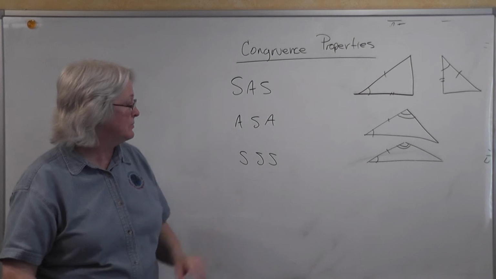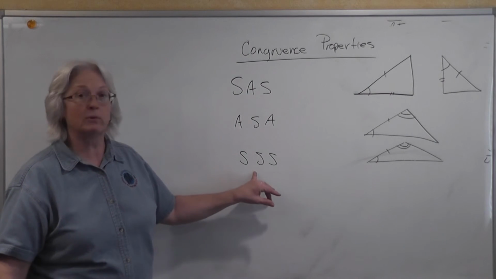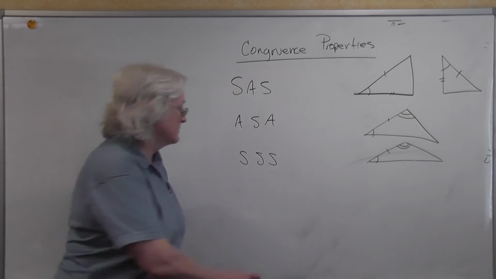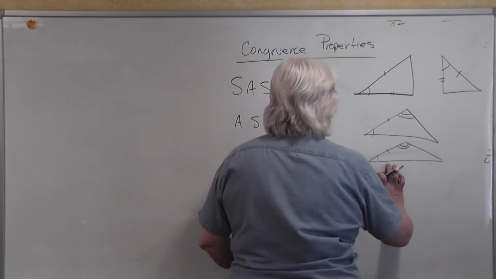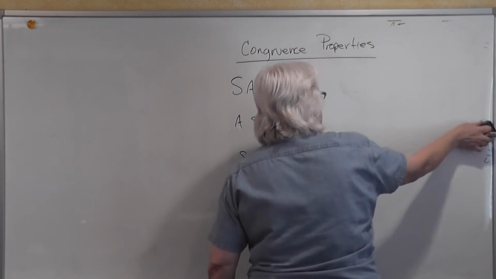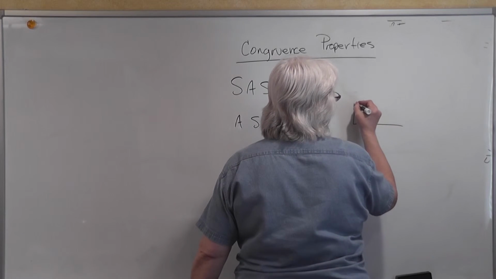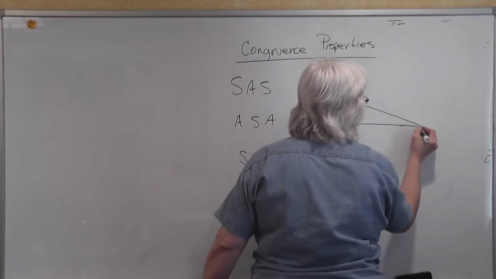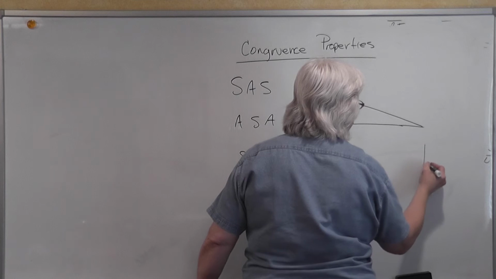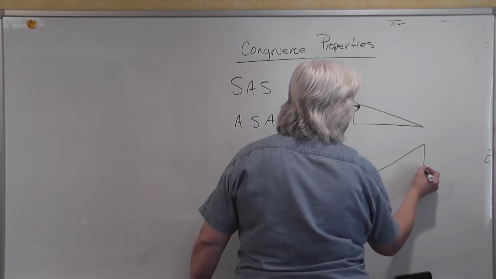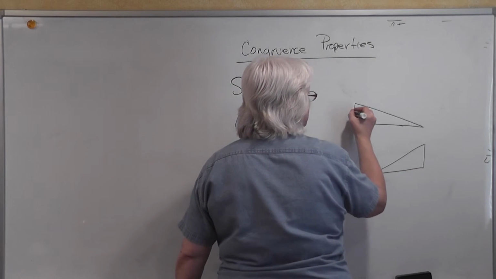So we have two examples now. This third one is side, side, side. If all three of the sides of a triangle have the same length, are congruent to one another, then the triangles are themselves congruent.